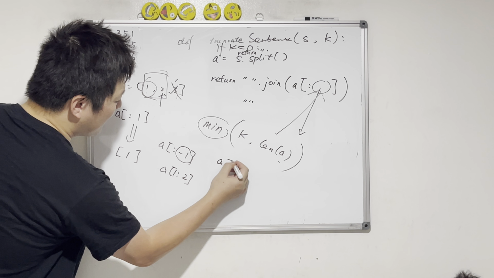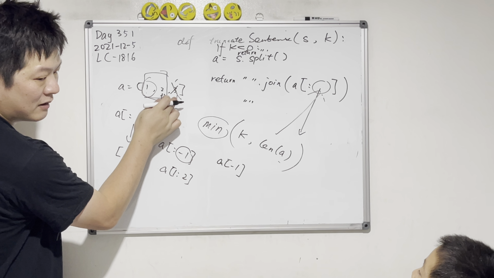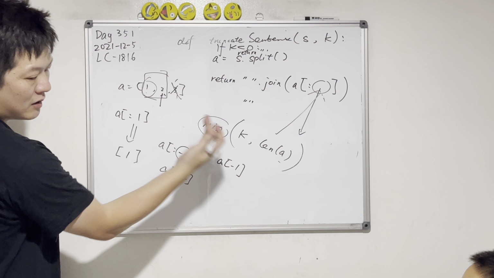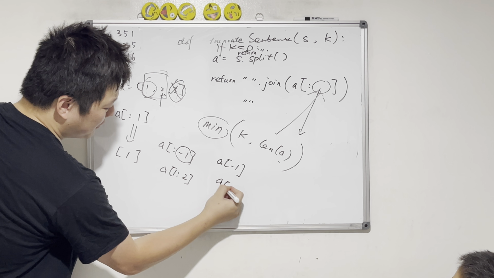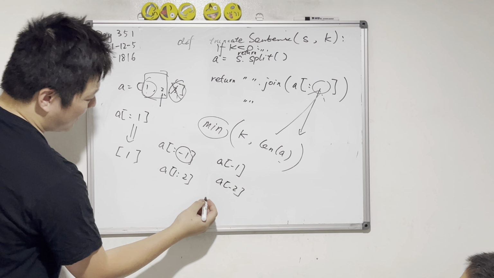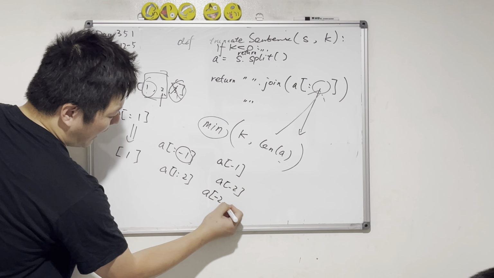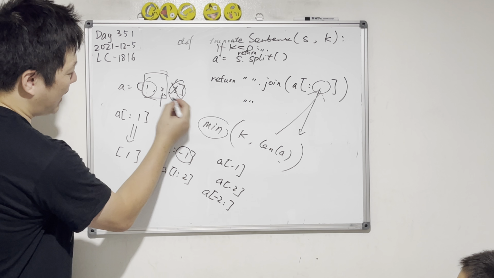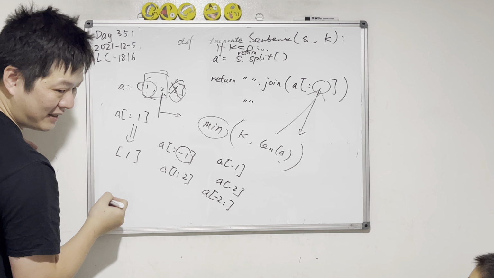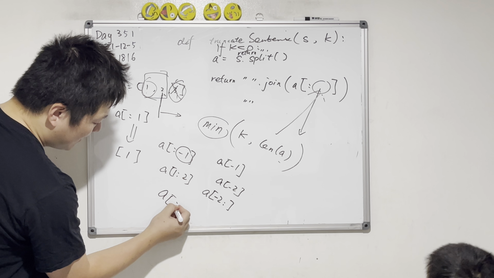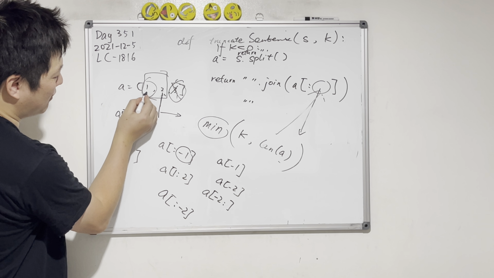For example, A minus 1, what's this? 1, 2, 3, A minus 1 is the last one, remember we talked about 3, yeah? A minus 2 is 2, exactly. So we can also have A minus 2 colon. Then you'll be starting at the second to last and going to the end. There will be 2, 3. Yeah? So A colon minus 2, 0 to minus 2.